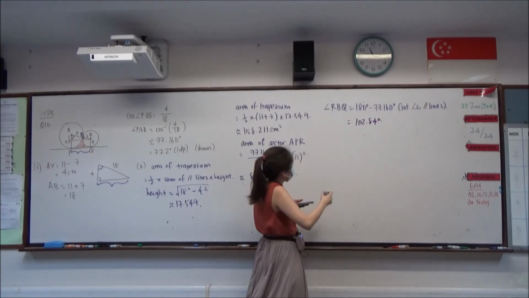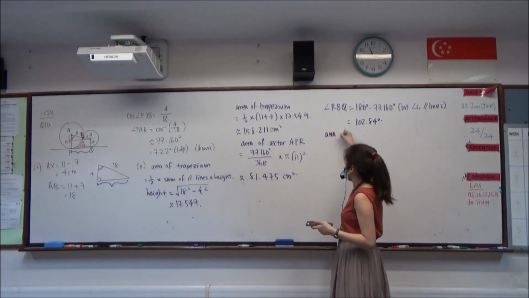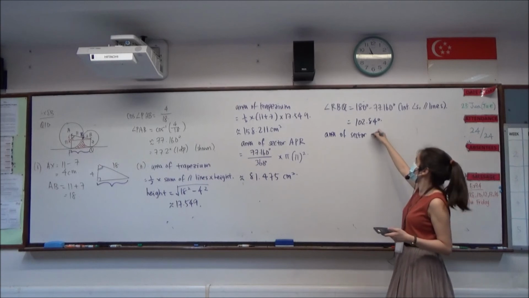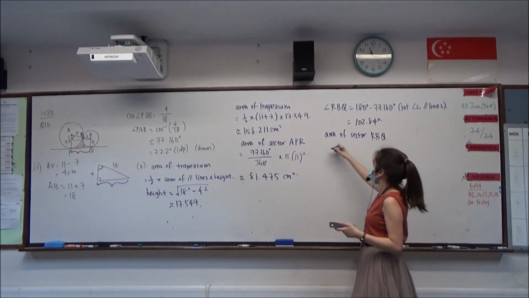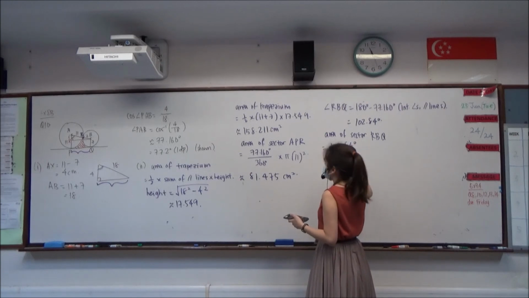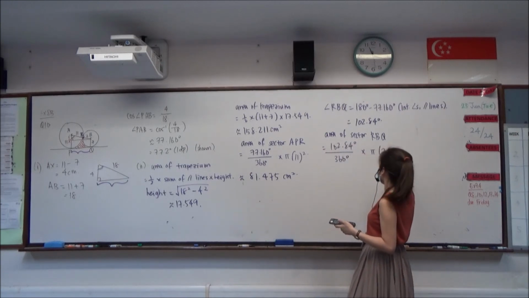So the area of sector RBQ would then be 102.84 degrees over 360 times pi times 7 squared.